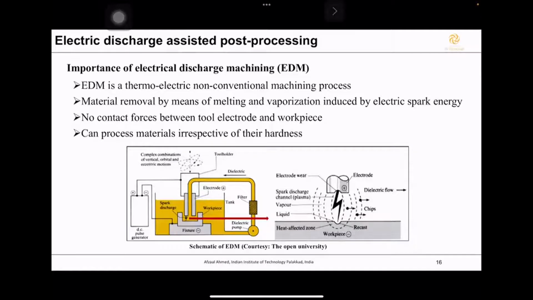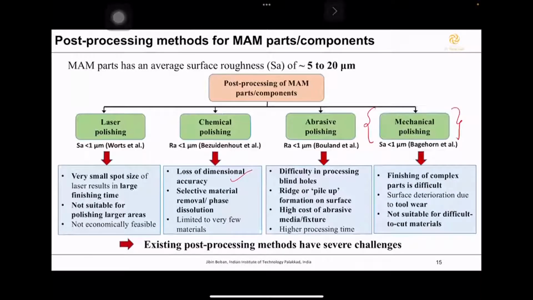And again, people may argue that EDM is basically a thermal process. If you use a thermal process after additive manufacturing for polishing the component, you may impart more tensile residual stresses.